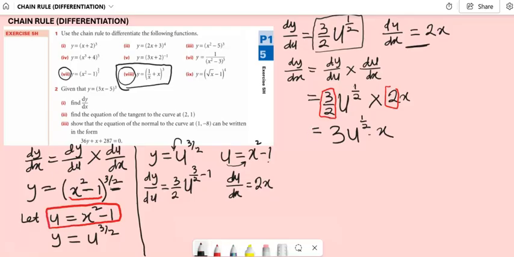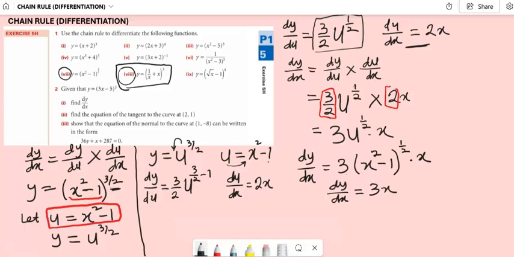Return u back. This equation will then become dy dx is equal to 3 bracket u, which is x raised to the power of 2 minus 1, close the bracket, everything here raised to the power of 1 over 2, then multiplied by x. So finally, dy dx can now be equal to 3x, that is this 3 multiplied by this x, give me 3x, bracket x raised to the power of 2 minus 1, then raised to the power of 1 over 2.